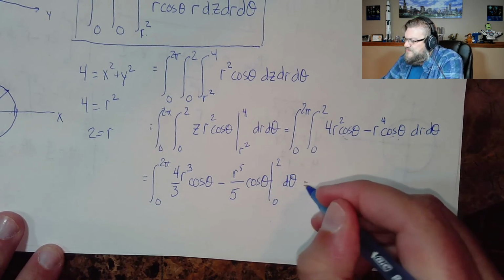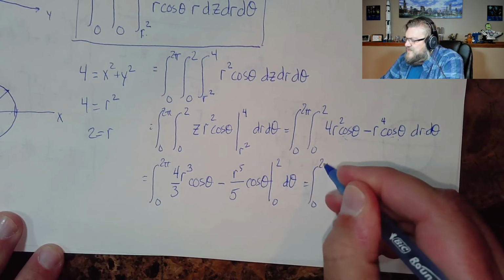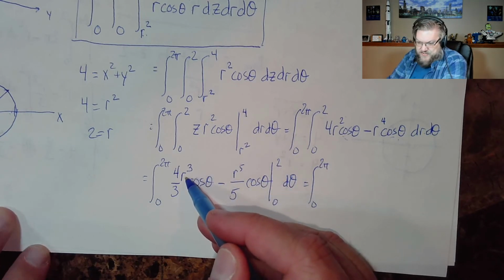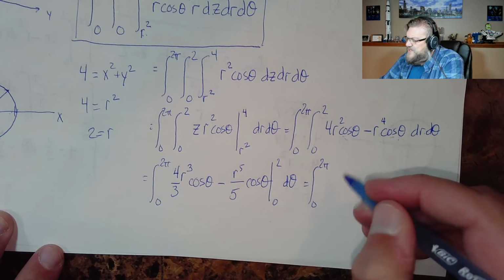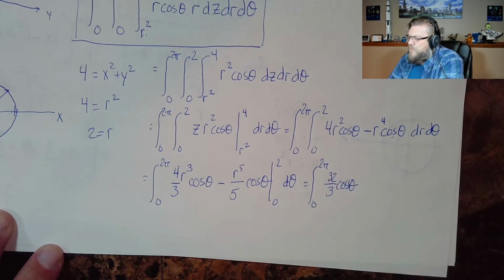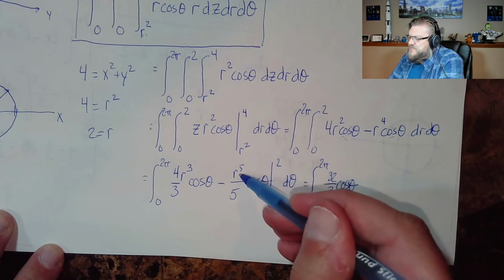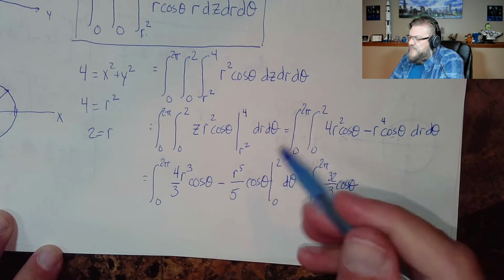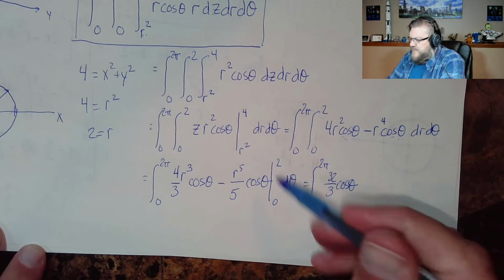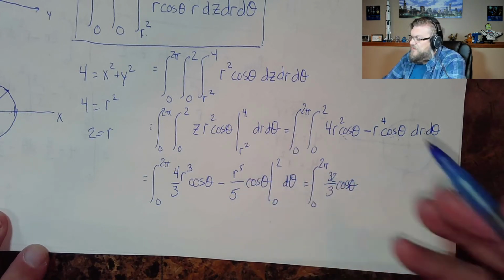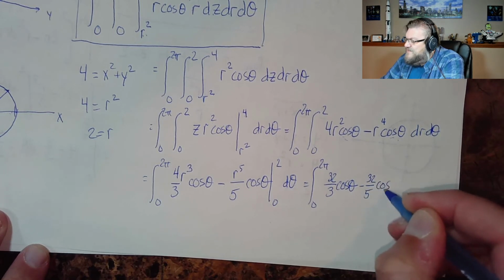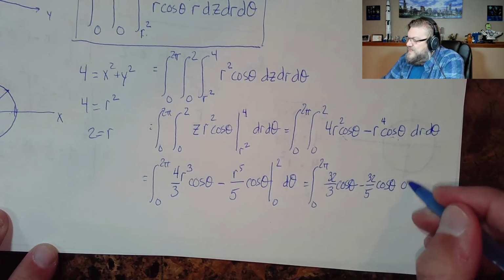So the 2 gets plugged in here. I'm going to get 8. 8 times 4 is 32. This is going to be 32 thirds cosine theta, minus, plug in the 2 here. This is also going to be 32 as well, right? 2 to the 5th. Yeah, 2 to the 5th is 32 over 5. Cosine of theta, d theta.